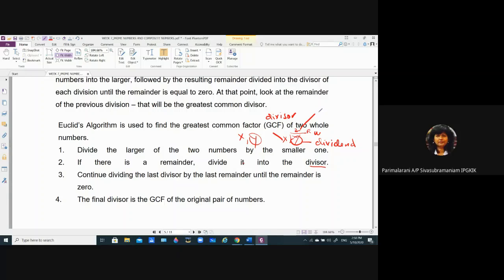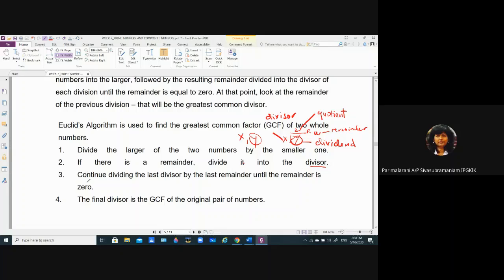What's the z called? Quotient, and your w here is the remainder. The divisor is the number on the outside here. So step 2 is, if there's a remainder, divide it into the divisor.